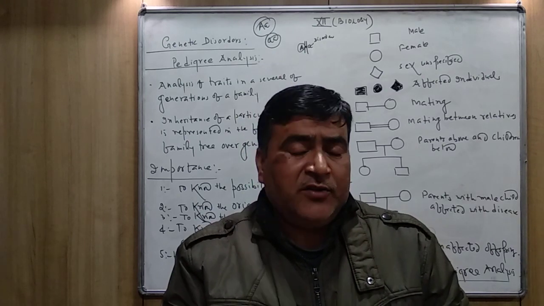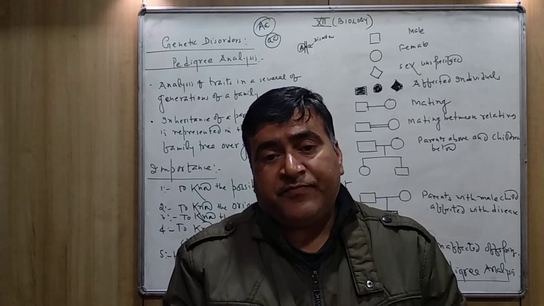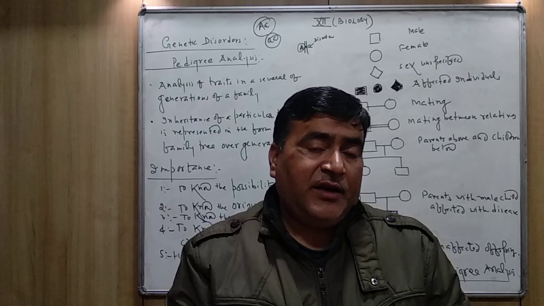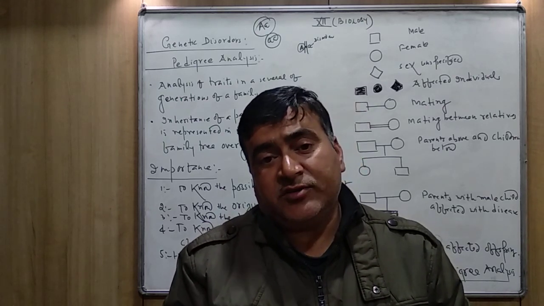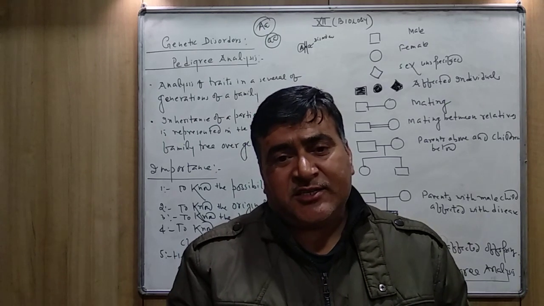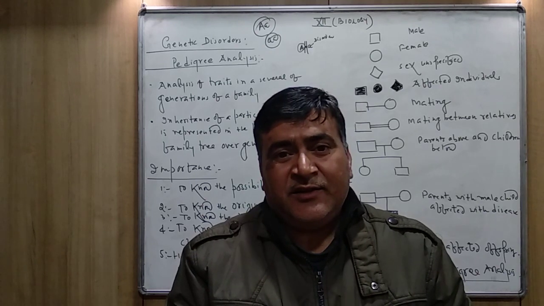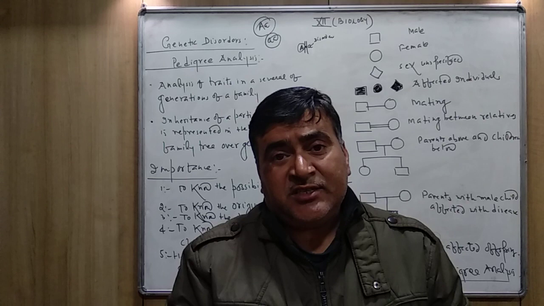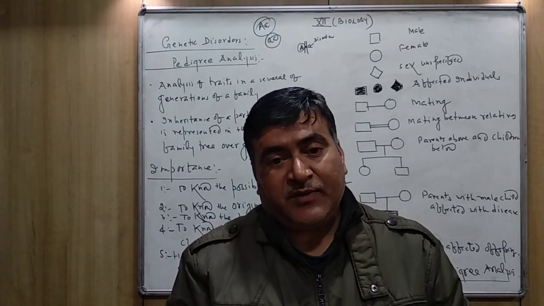It means overall you can say that the recessive allele expresses in the homozygous condition only, not in the heterozygous condition. So many disorders are there, like hemophilia, color blindness, sickle cell anemia, thalassemia. Their genes are present in the recessive form.